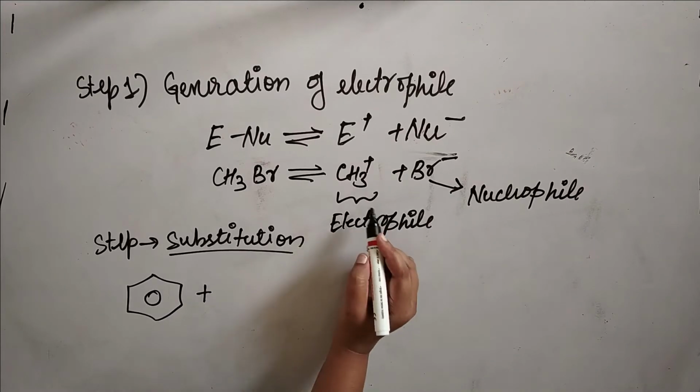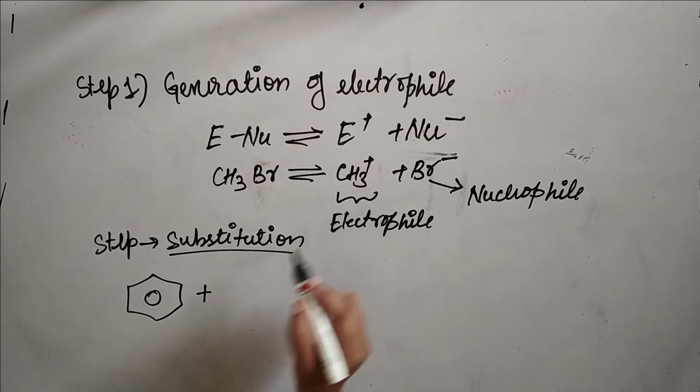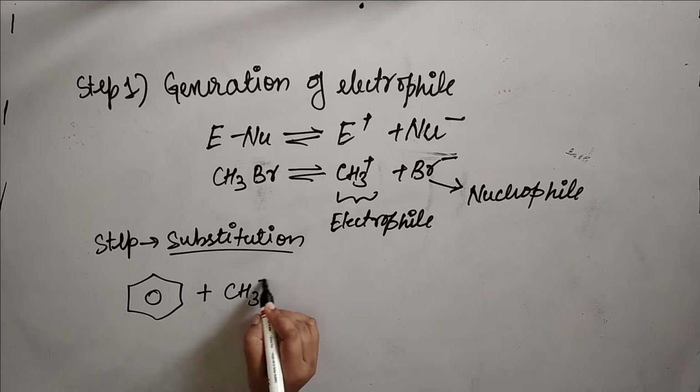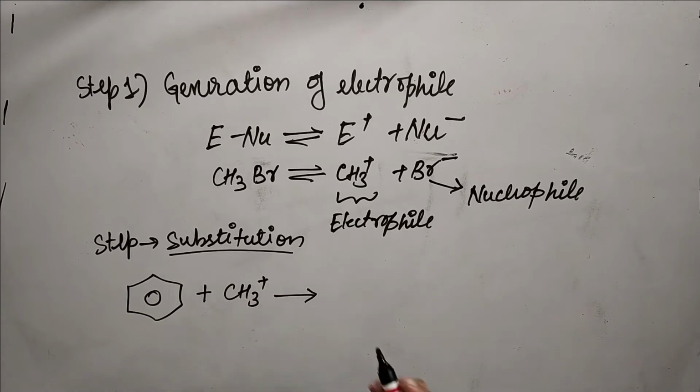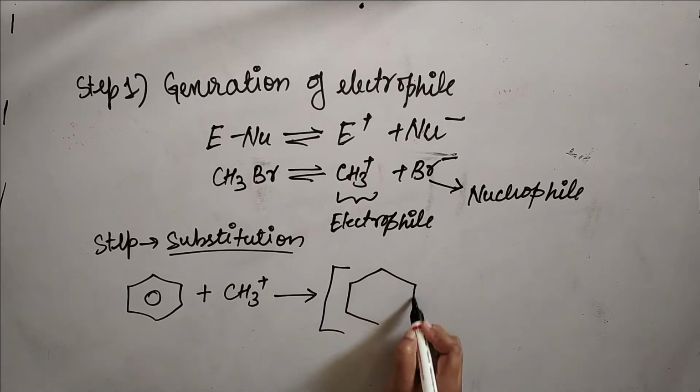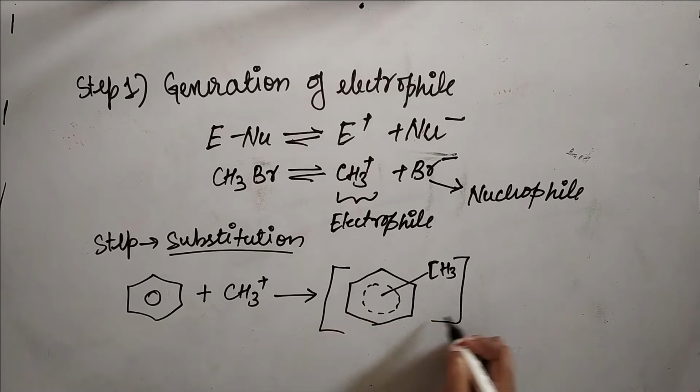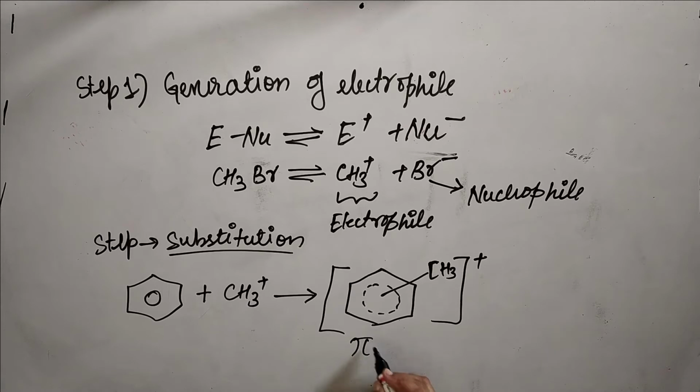When it reacts with the electrophile, here CH3+, it forms an intermediate complex, and this whole complex carries the positive charge; that is known as the pi complex. This is the intermediate state where the electrophile transfers the positive charge to the whole benzene nucleus.